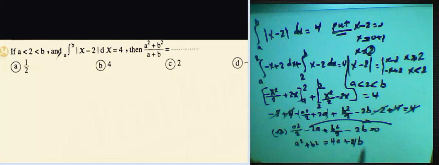We can write 4 as a common factor between them, then a power 2 plus b power 2 equals 4 multiplied by (a plus b). Then (a power 2 plus b power 2) over (a plus b) equals 4.